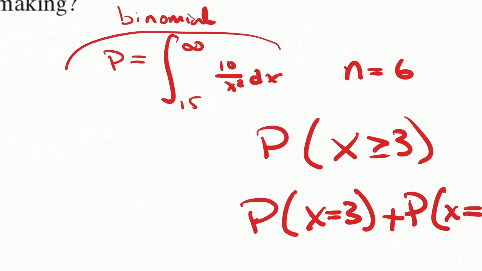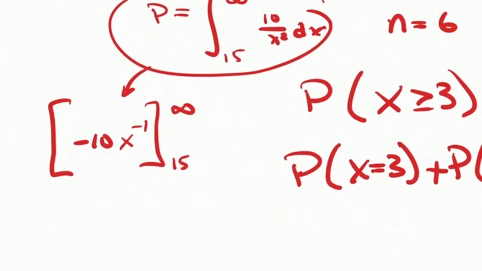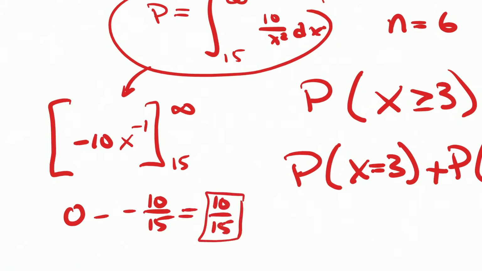So I'll just skip to the negative 10 x to the negative first, evaluated from 15 to infinity. I'm going to leave off the limit as x approaches infinity, and we'll just do this in our heads and understand that that's going to be 0 minus negative 10 fifteenths. So 10 over 15 is the answer there.